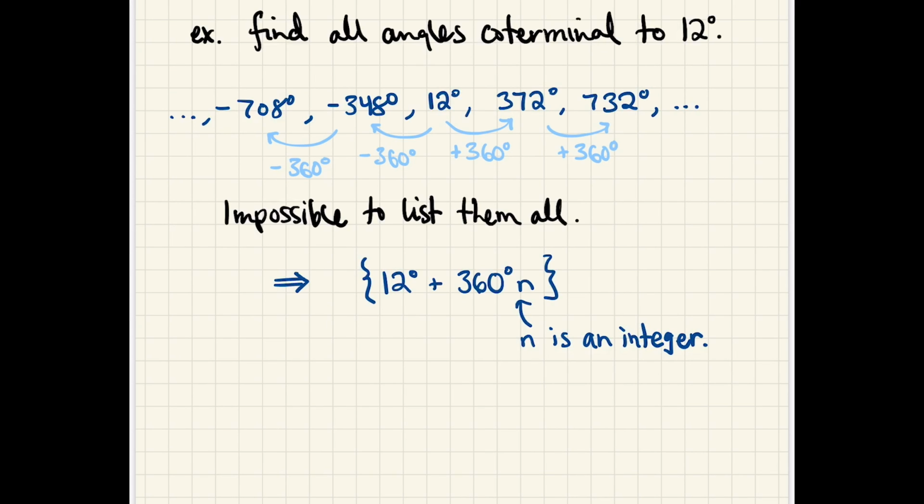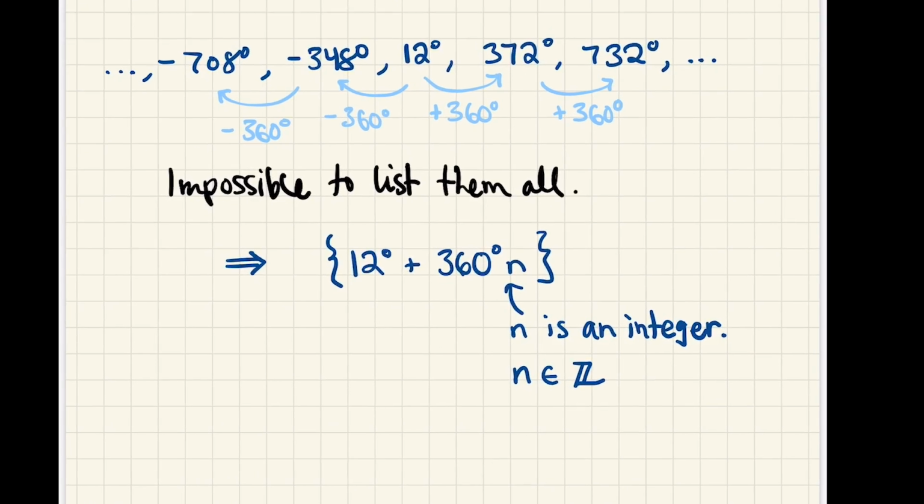Now, one more thing. This sentence, n is an integer, is so common in math that we have a notation for it that I'm going to use fairly frequently, which is that.